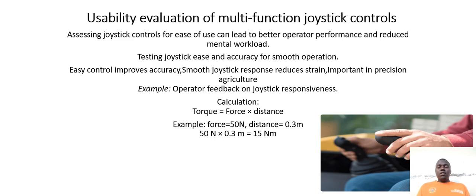By calculation, we need to calculate the force of the operator and the distance they want to operate over, like the distance of the farm. To calculate the torque, we take the force of the operator times the distance the operator is going to plow with a tractor.